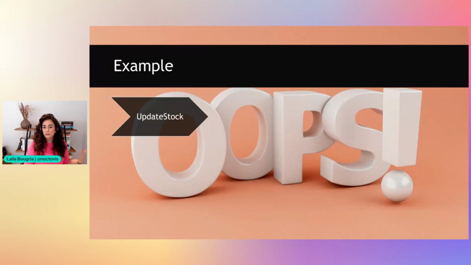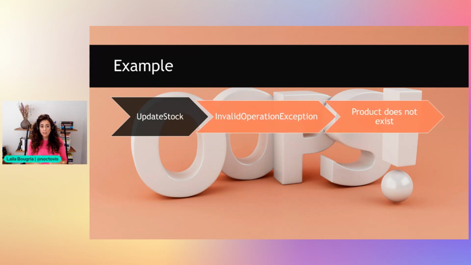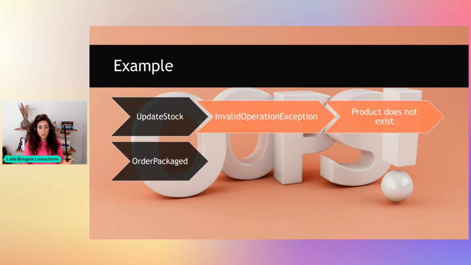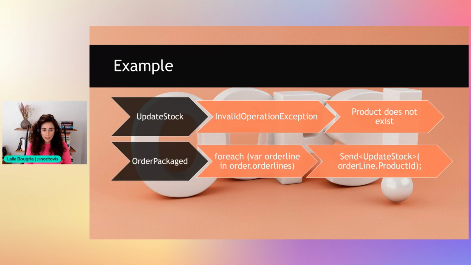So if we sort of circle back to that call stack that we saw earlier and we revisit that error, we were basically trying to update the stock and we ran into an invalid operation exception because the product does not exist. So the data that's coming in is already not correct. So in order to understand what's going wrong, we need to go upstream to see where this data came from. Now that will lead us to the ordered package event in which we're reaching over the order lines to then send an update stock message.